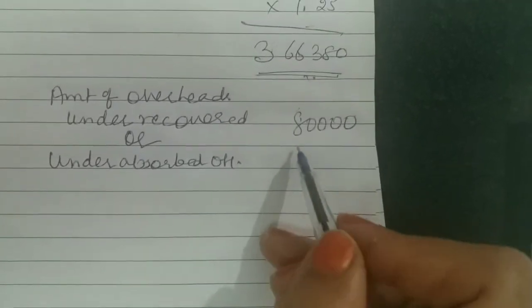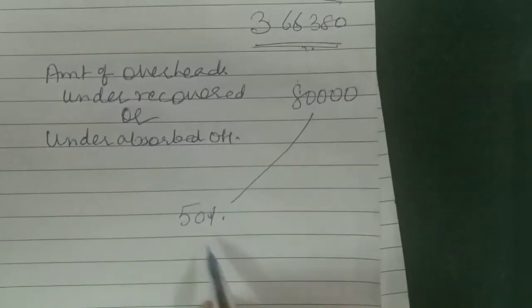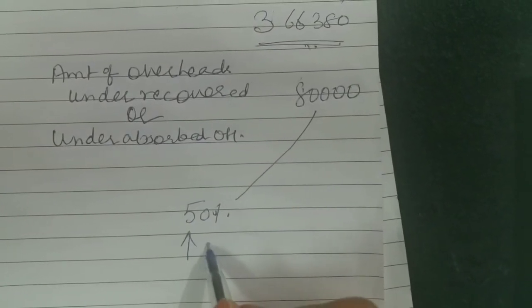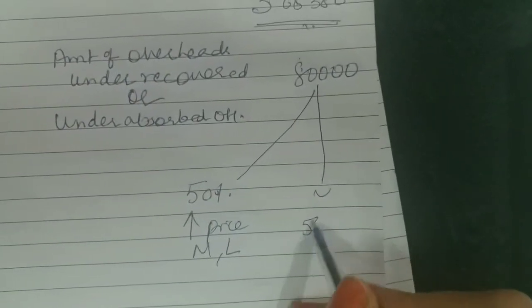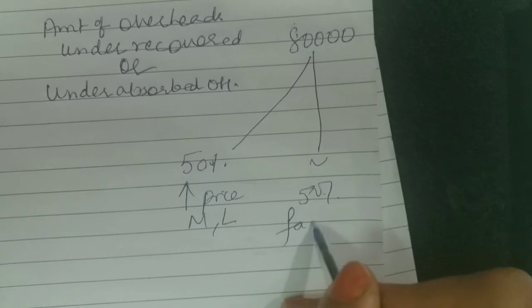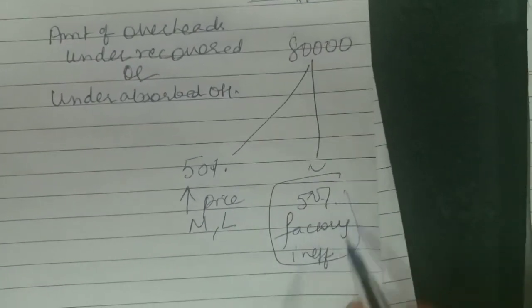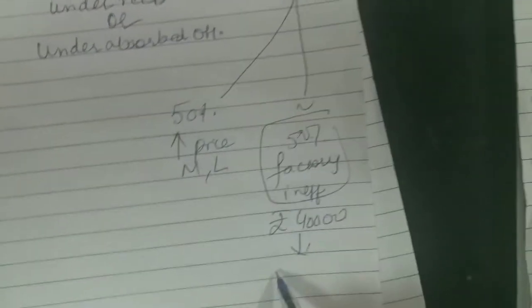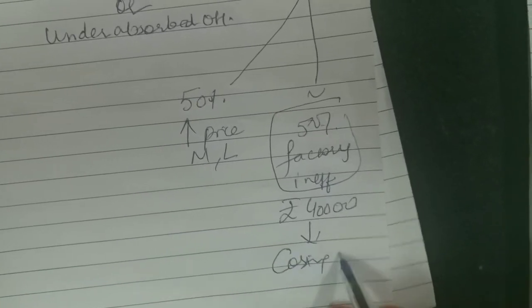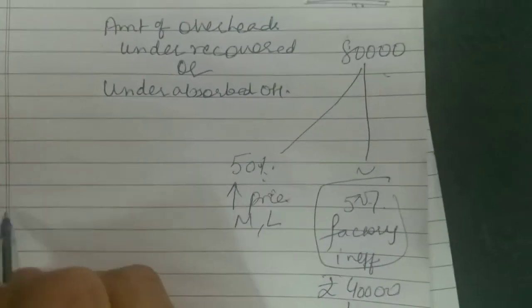Now the question said that this 80,000, 50% of it was because of increase in prices of material and labor, and the rest 50% was because of the factory inefficiency. So this 50%, that is rupees 40,000, is to be transferred directly to costing profit and loss account. And now let us see how this other 50%, I told you, if the question states about it.